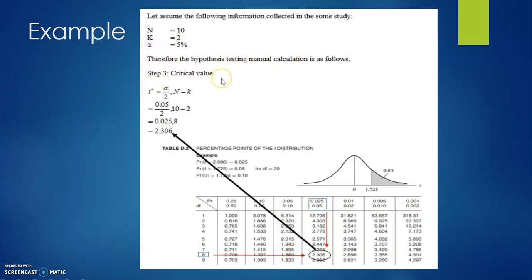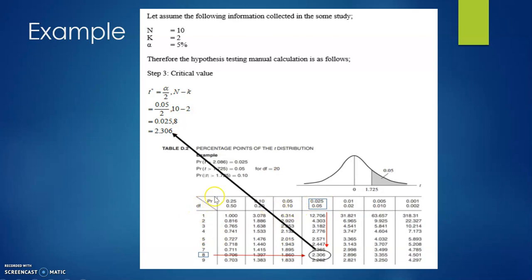Let's assume now we jump to the statistic critical value, step 3. T star equals t alpha divided by 2, comma, n minus k, and 0.05 divided by 2 is 0.025, comma 8. So how to read the t table? You have to find the 0.025, then degree of freedom.